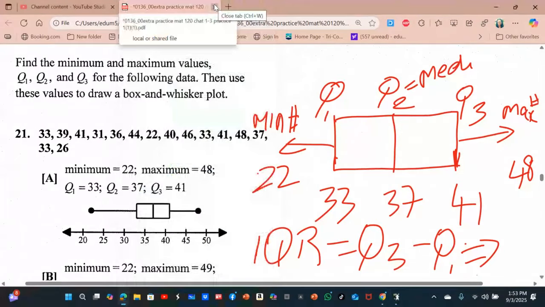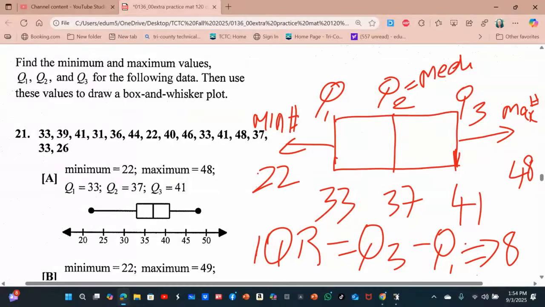Okay, so that is the interquartile range. The interquartile range is 8. So I have answered the question.